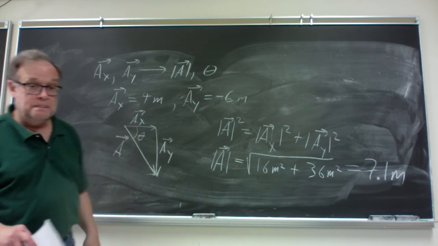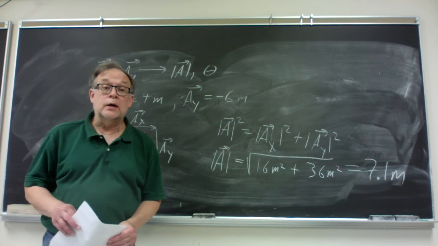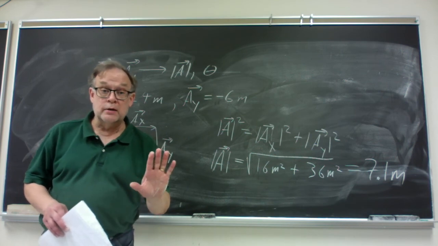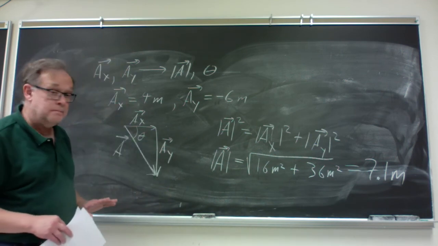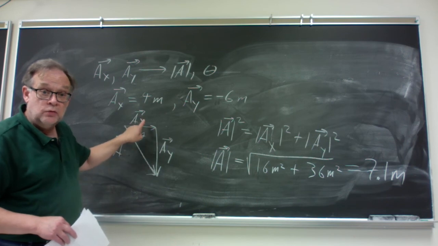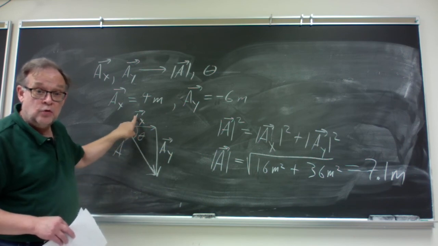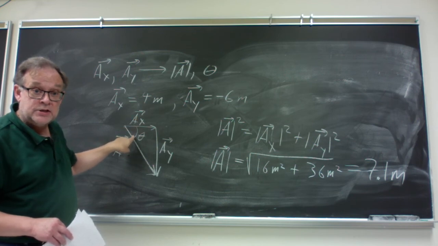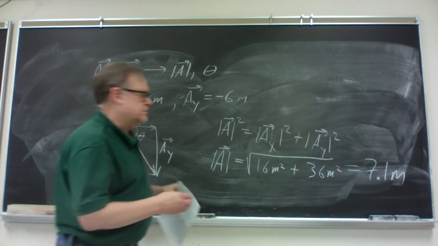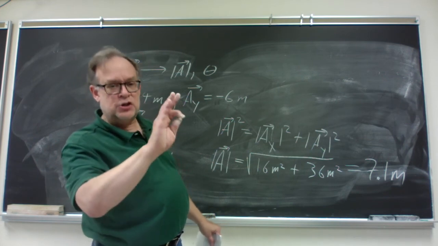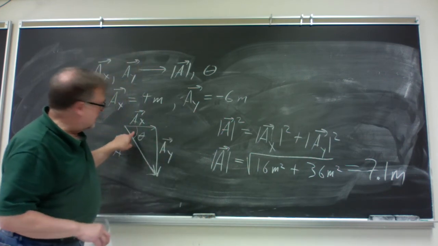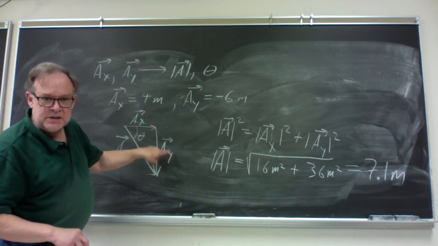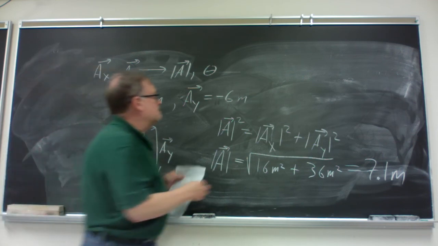Now for this angle, we, for the first time, use tangent, because remember, tangent is a ratio of opposite side over adjacent side. Tangent of this angle is a ratio of the opposite side over the adjacent side.